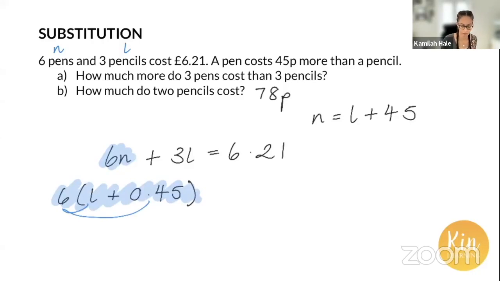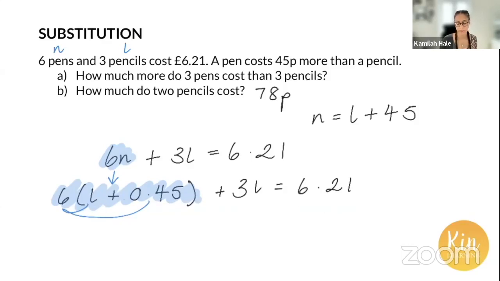Okay, I've just replaced one with the other. Okay, now the rest of the equation stays the same. Well done, those of you getting 78p. If you didn't quite get that, don't worry, it's a tricky question. So we're going over it twice. Okay, so 6 lots of this plus 3L equals £6.21.